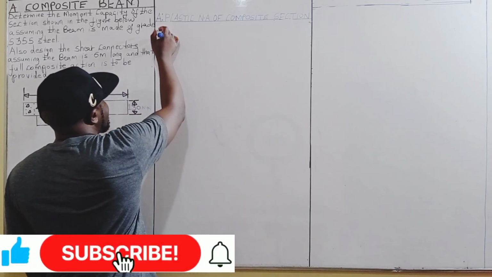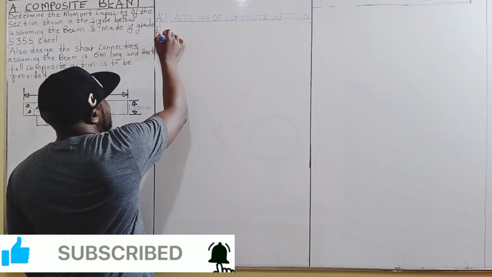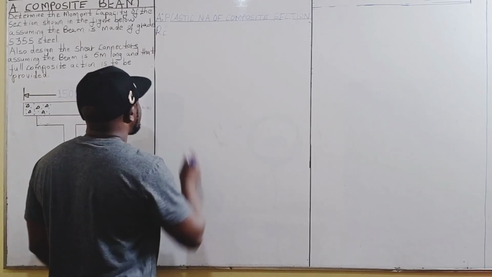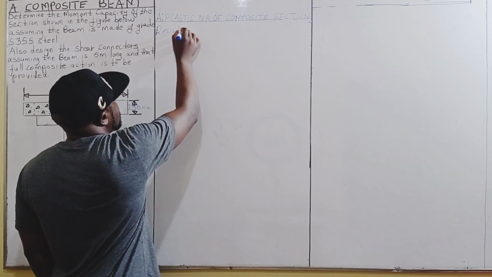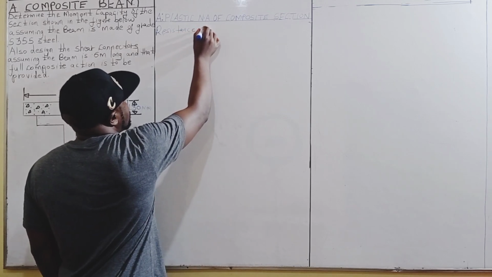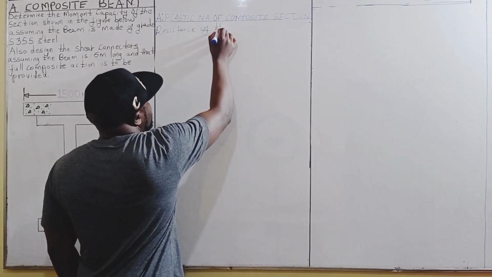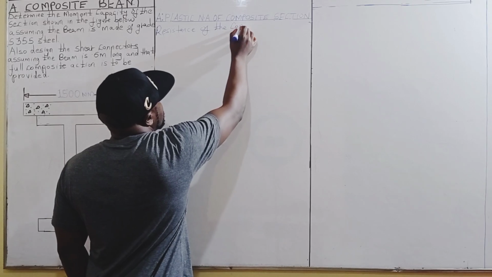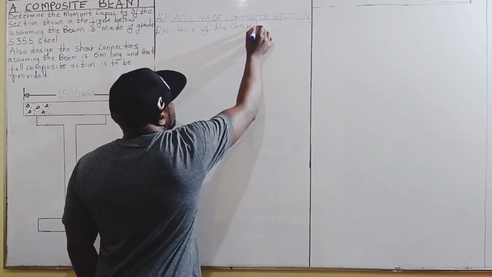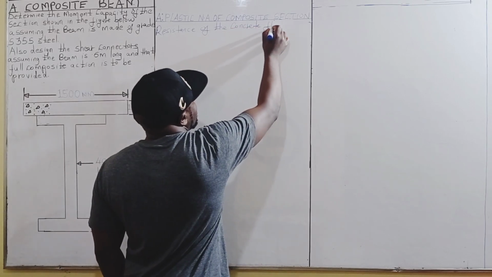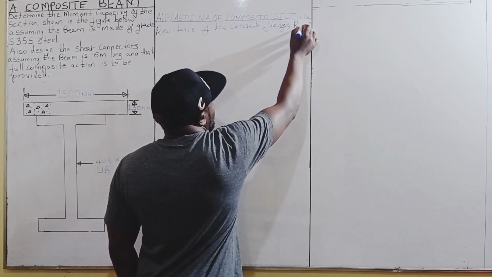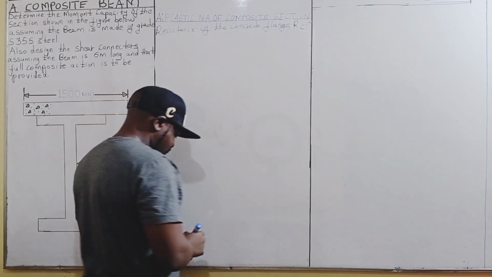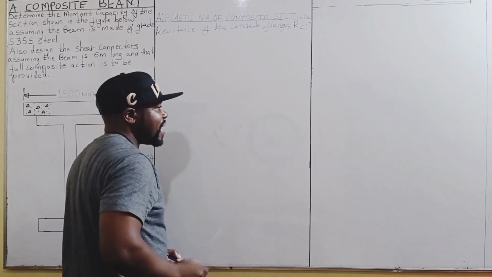Therefore, the resistance of the concrete flange, that is RC, will be given by this formula.